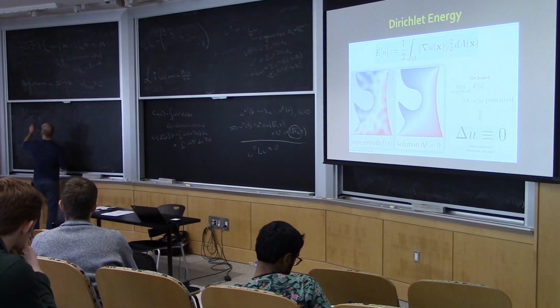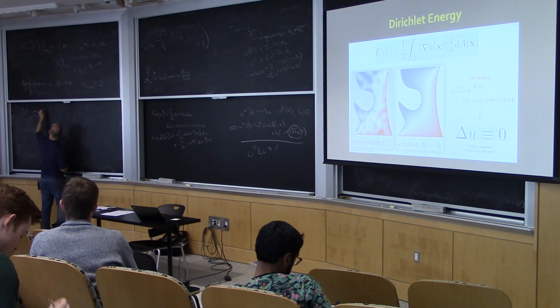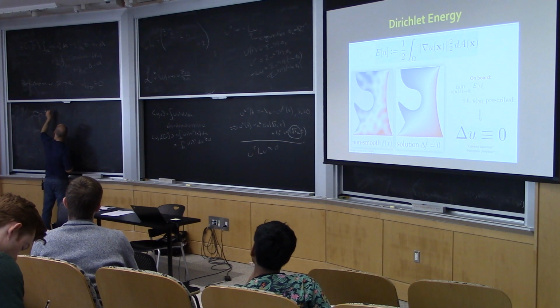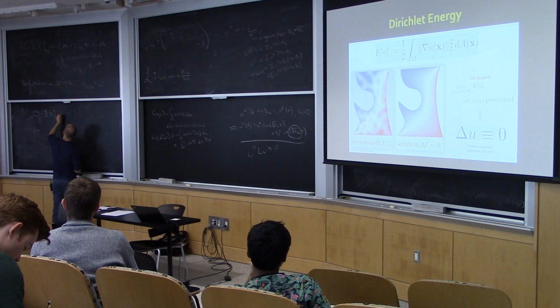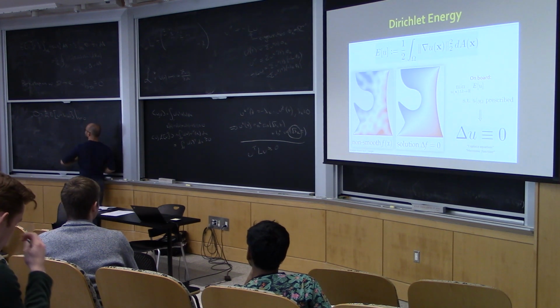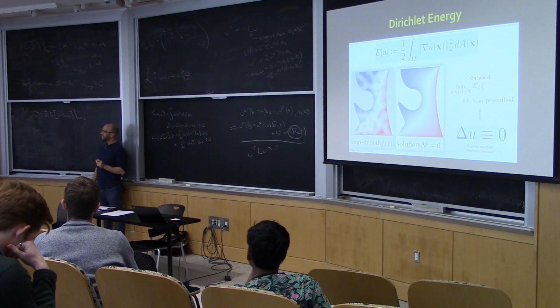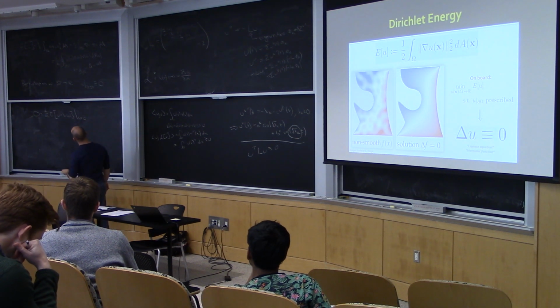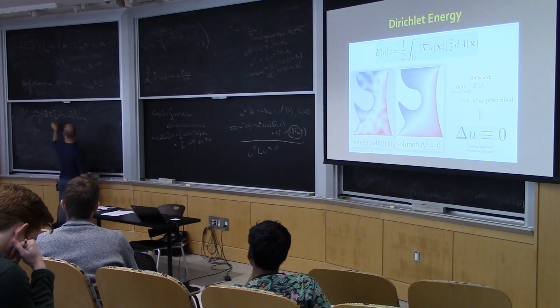Okay, so now, what do I know? I know that 0 is equal to d over dh of our favorite expression, E of u plus hw, evaluated at h equals 0. Oh boy. Whew. Okay, so let's write this expression really quickly.